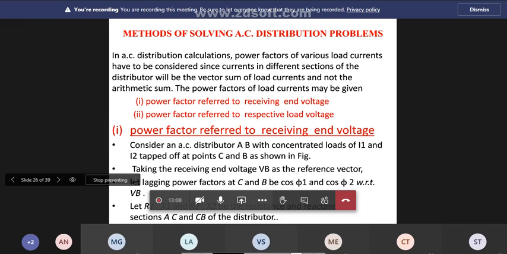In a DC system there is no power factor. In an AC system, power factor is considered. Every consumer has their own power factor. That is the main problem, so you have to calculate every consumer's voltage drop.